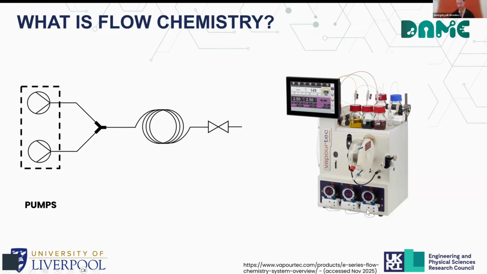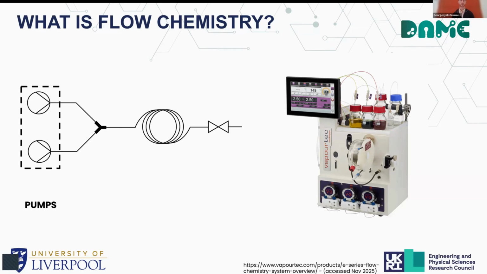And here is where you can see the pumps on the Vapourtec system. These are peristaltic pumps, and they work via a central motor that's hidden underneath this plastic cover, which compresses the tubing that's inside that cover to force a liquid from the inlet to the outlet to deliver your reagents at your desired flow rate.